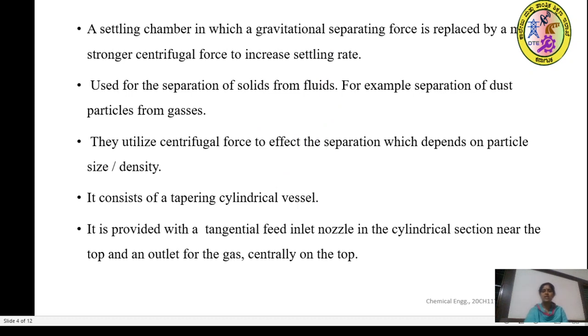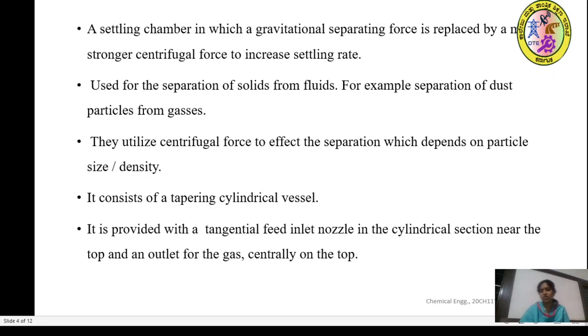So as I said, it has a settling chamber in which the gravitational settling force is being replaced by the strong centrifugal force in order to increase the settling rate. Here the principle of operation is mainly based on the centrifugal force of separation.